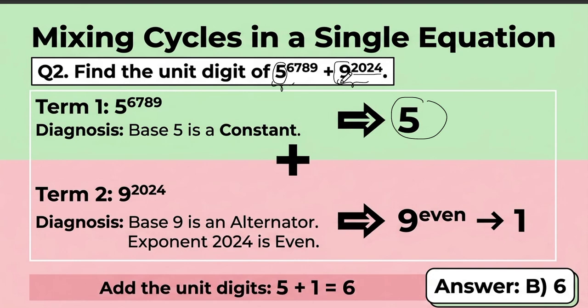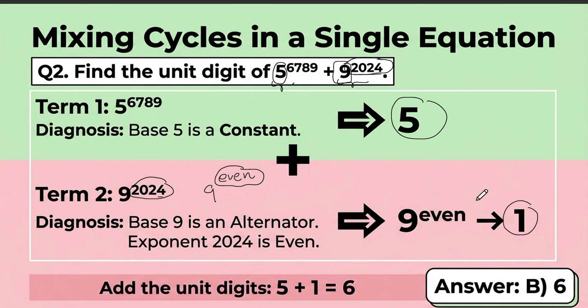The base number is 9, and for 9 we have this result: if 9 is raised to an even number, the power here is 2024, and its last digit is even, so the number is even. Whenever 9 to the power even number is there, the unit digit is 1.